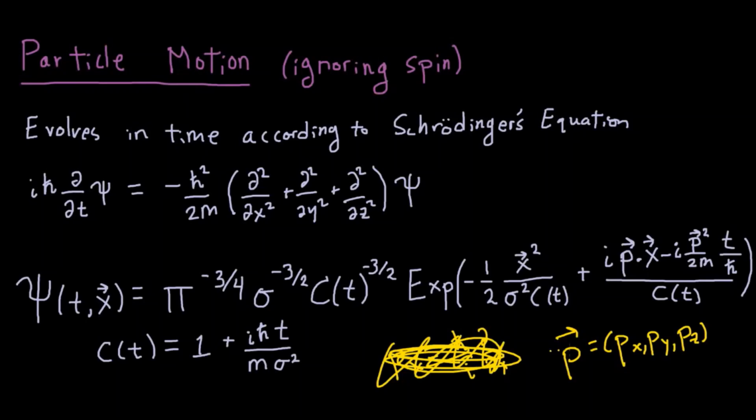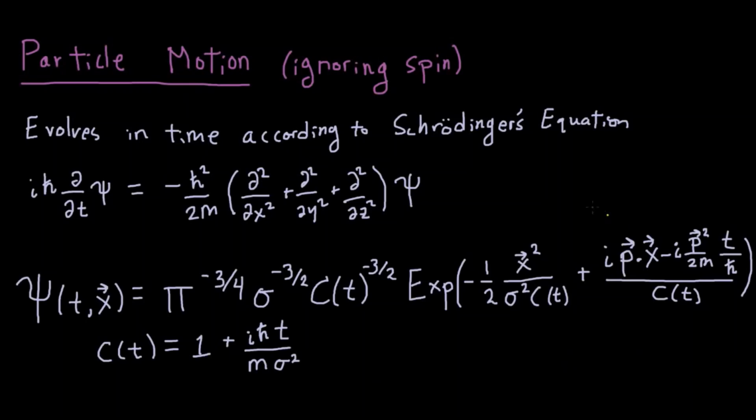That's not true here. Here these really are just three real numbers that we're putting into our solutions. I don't want to confuse you. And then we have minus i times p squared over 2m times t over h bar, and then over c of t again. So you can see there are three parameters that go into this: sigma, which is the position uncertainty, the mass m, and the momentum vector.